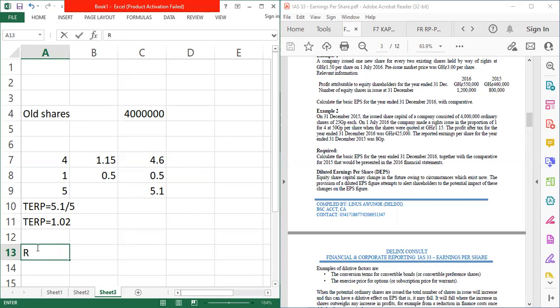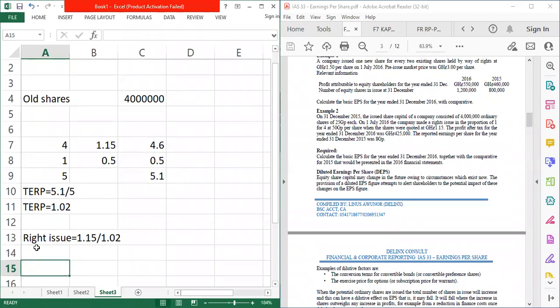So we now have to find our right issue fraction. The right issue fraction will be equal to the cum-rights price, which is 1.15, divided by the theoretical ex-right price, which is 1.02.